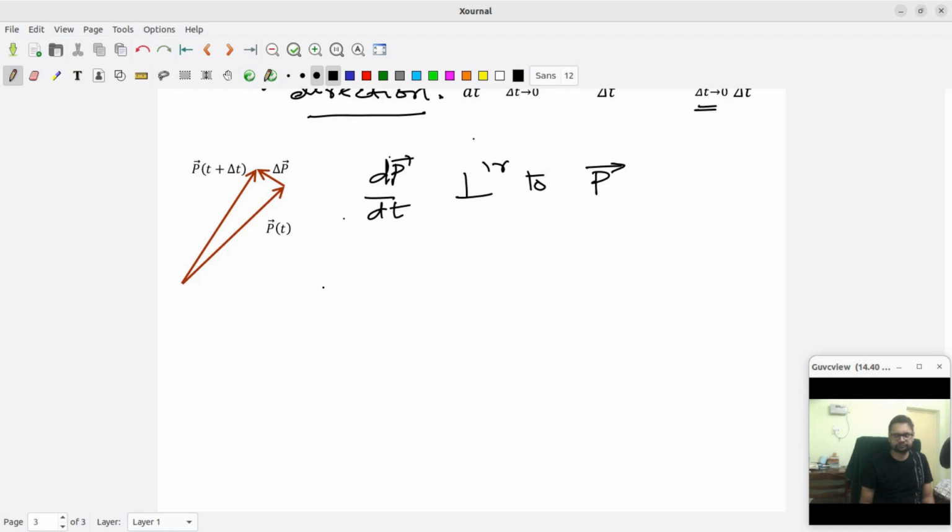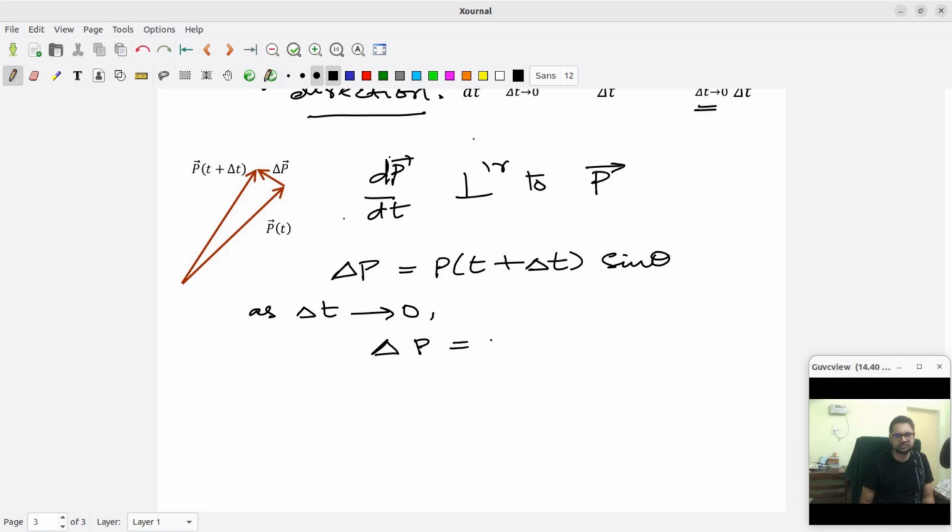Now, what is the magnitude of delta P? Delta P is nothing but P(t plus delta t) sine theta. As delta t tends to 0, sine theta becomes theta, so delta P is approximately equal to P theta.